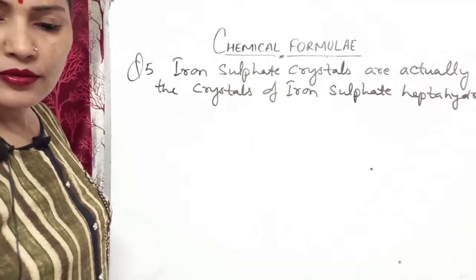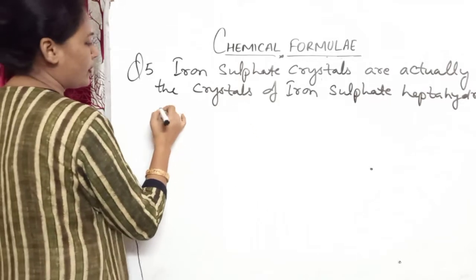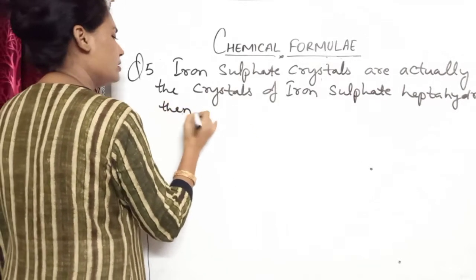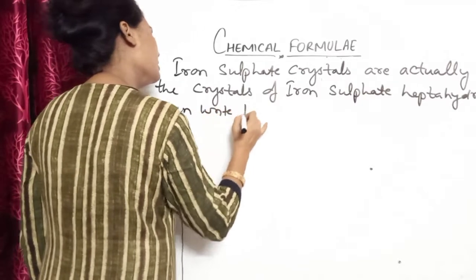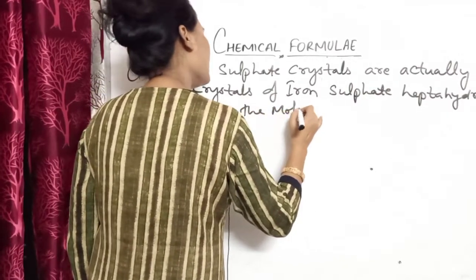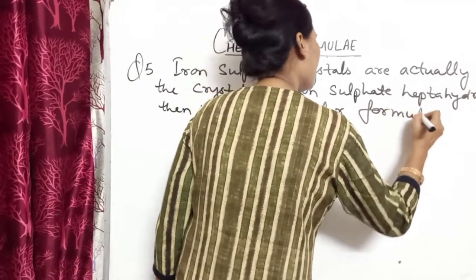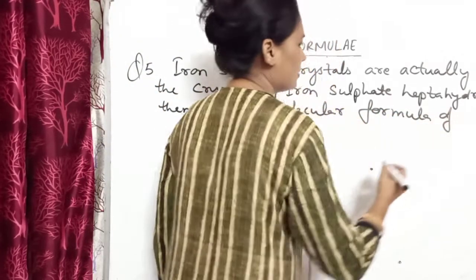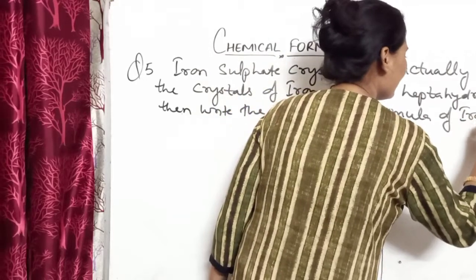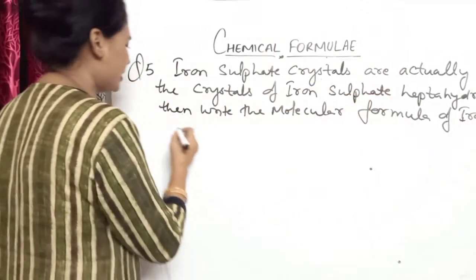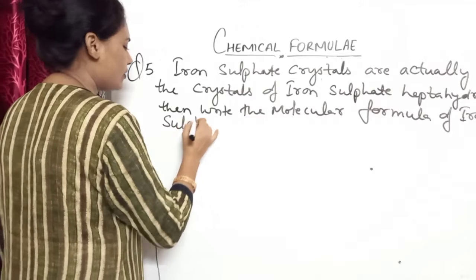Then write the molecular formula of iron sulfate heptahydrate.